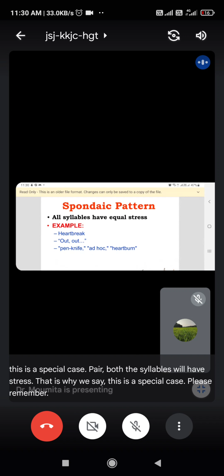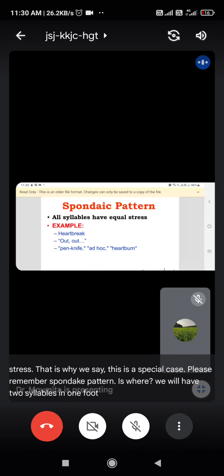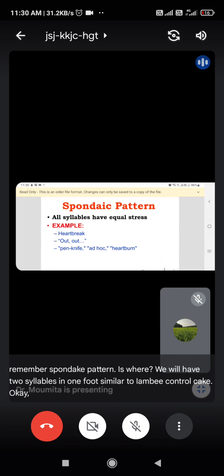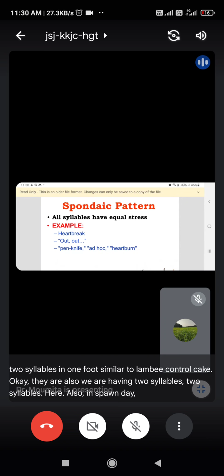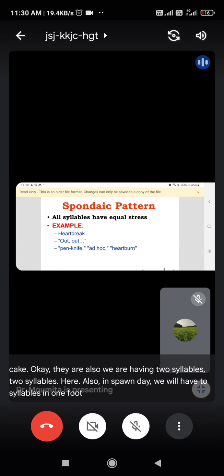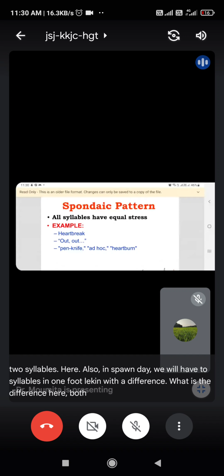Please remember, spondaic pattern is where we will have two syllables in one foot, similar to iambic and trochaic, but with a difference. What is the difference? Here both the syllables in the same foot will get the stress.